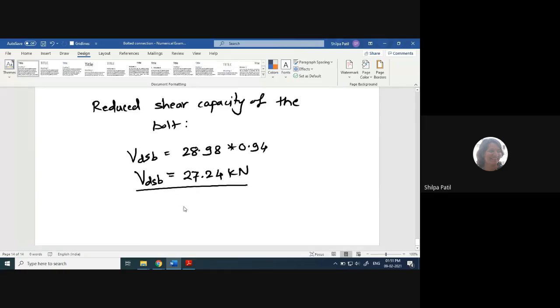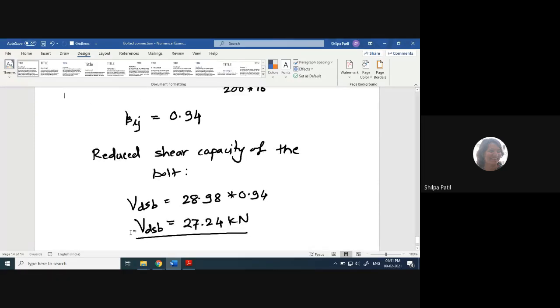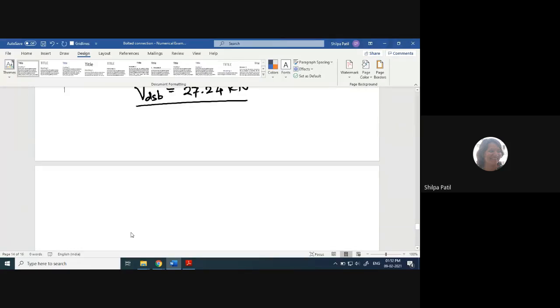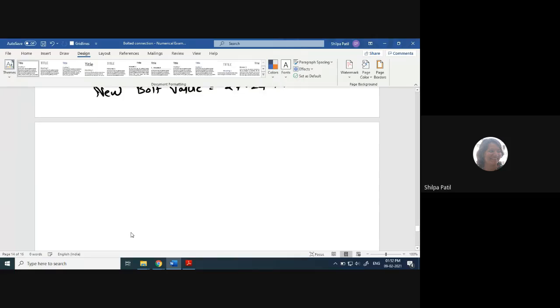So I will write down the new bolt value: 27.24 kilonewton. Again, we have to find out the number of bolts for this reduced value. Number of bolts is 225 divided by this value.